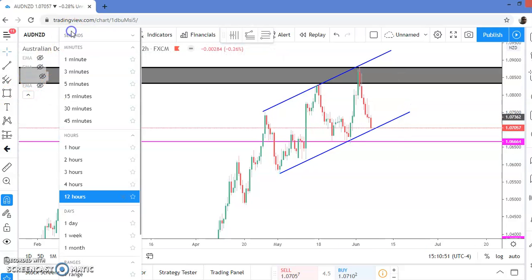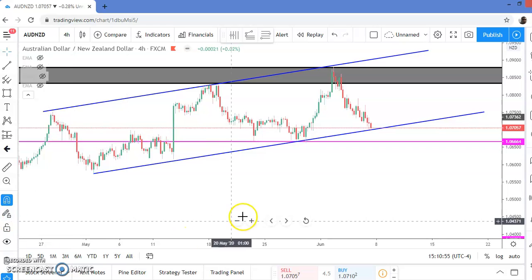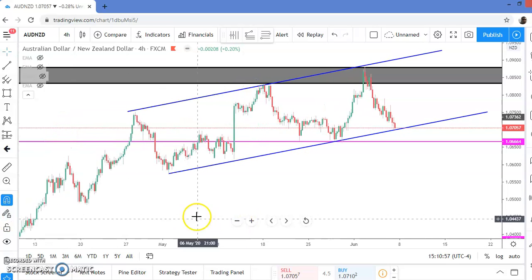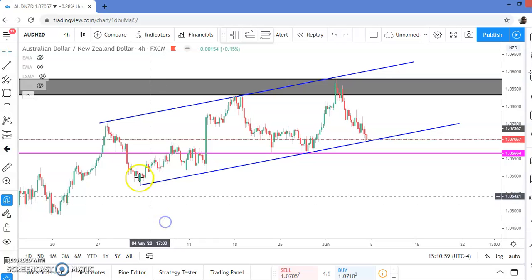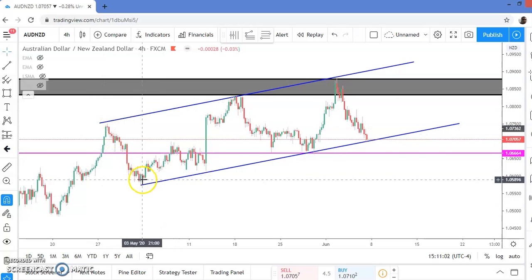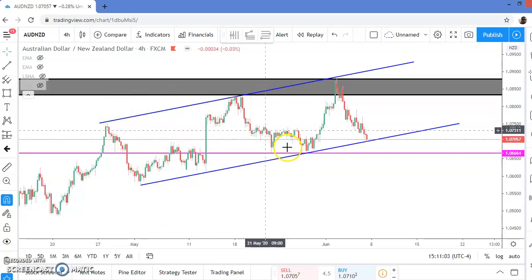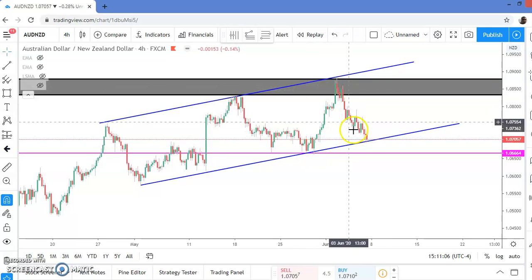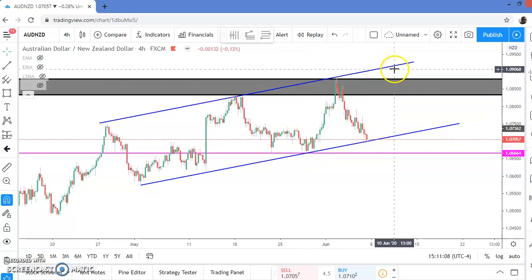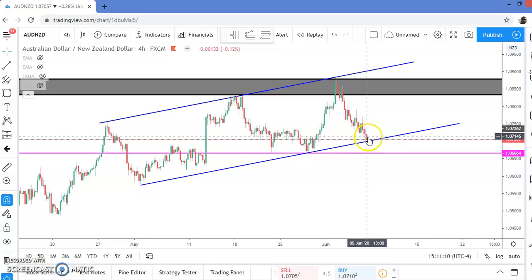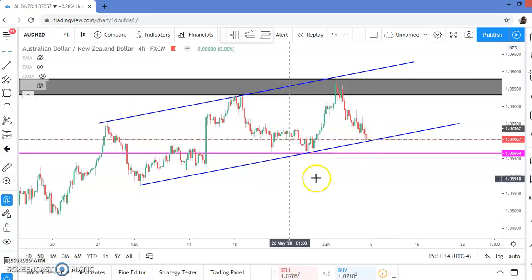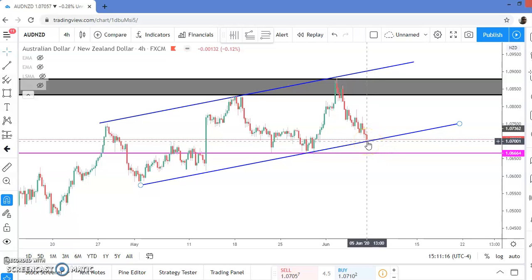So now when I go down to my 4-hour time frame, I see how this pair is trending upwards, right? And so it's at the bottom of this channel. This is what you call a channel. It's at the bottom of this channel.